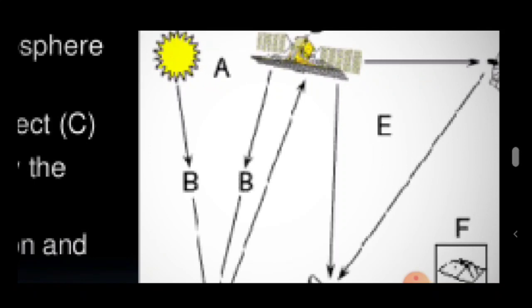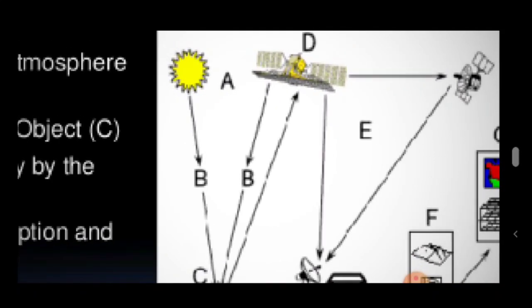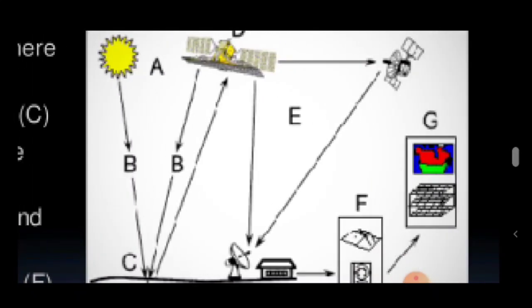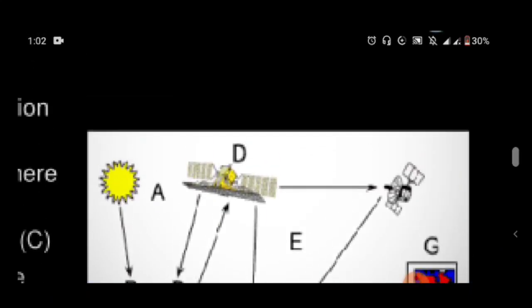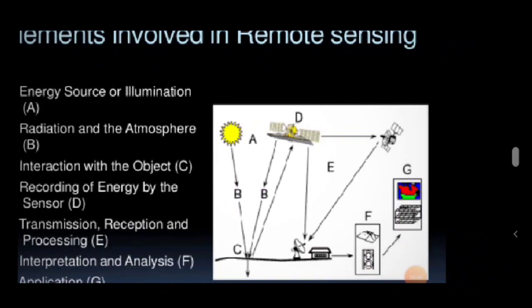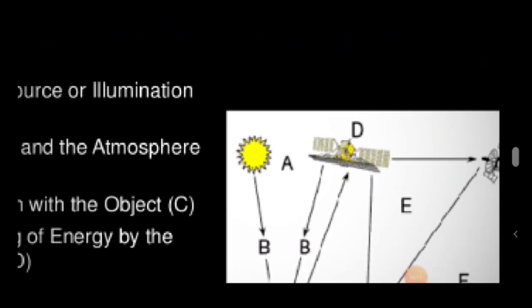Here you can see A, a sun, but the sun represents a sun or any other source of energy, represented by A.